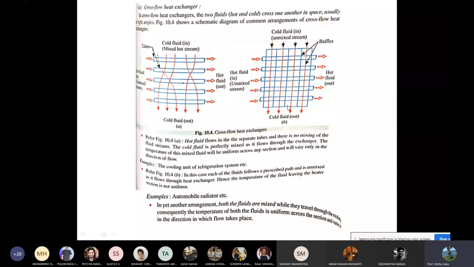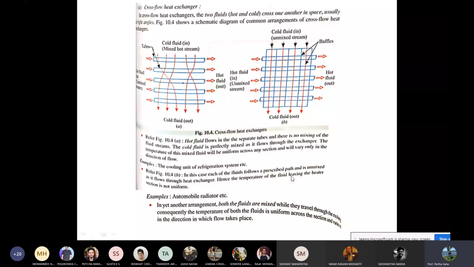The other is the unmixed stream. There is no mixing of the cold fluid, and you can see these blue lines are called baffles. Baffles separate the direction of the cold fluid, so the cold fluid does not mix, and the hot fluid, as I said, flows uniformly through the tube. In this case, the fluid flows by a prescribed path and is never mixed, it's unmixed.